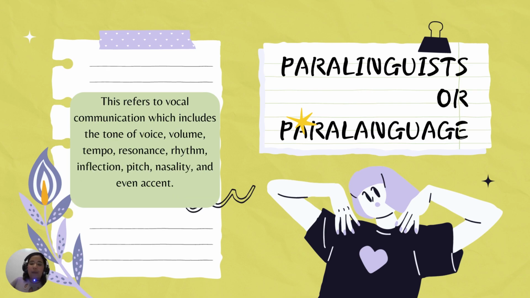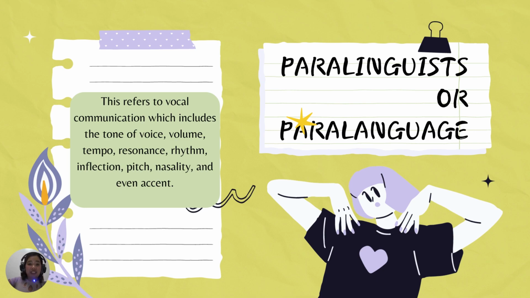Next one is the paralinguist or paralanguage. So paralanguage is basically more of referring to the tone of voice, the volume, the tempo, the resonance, the rhythm, the inflection, the pitch, the nasality, and even accent. Basically, this is how we try to classify these people already.